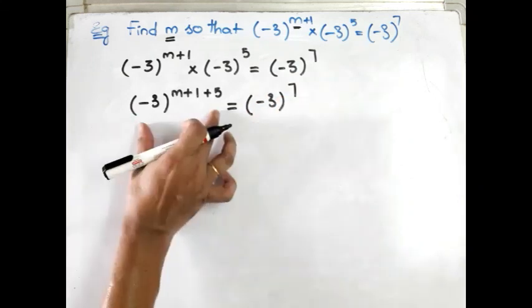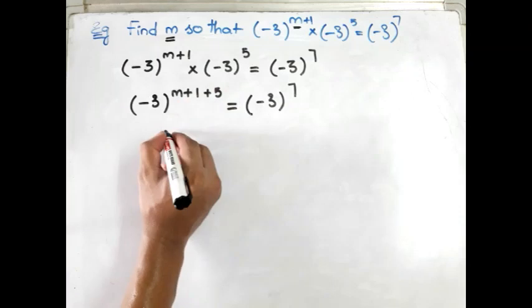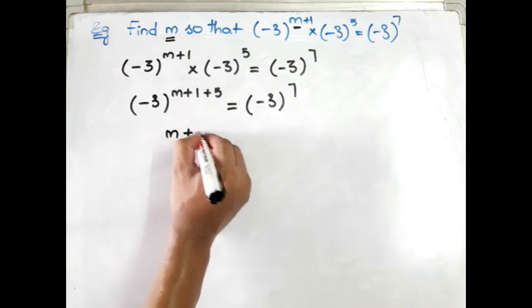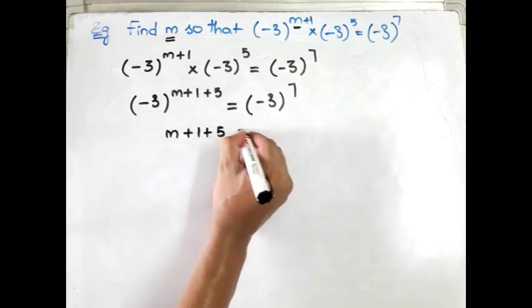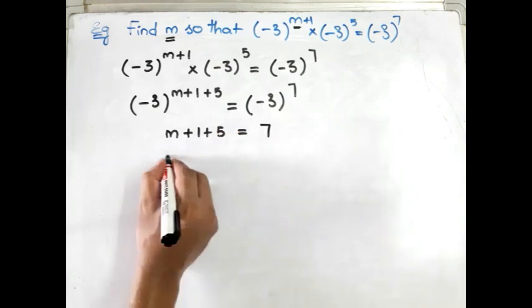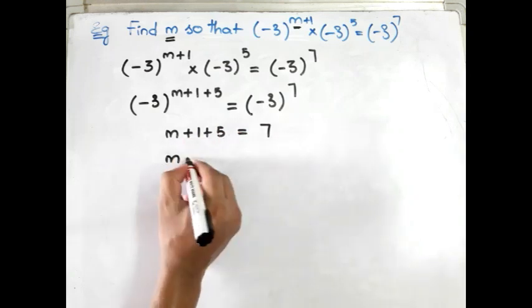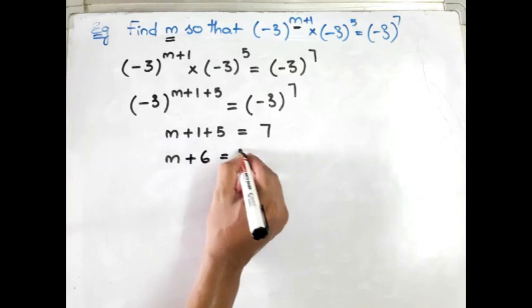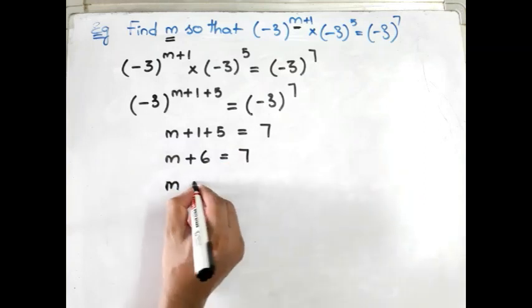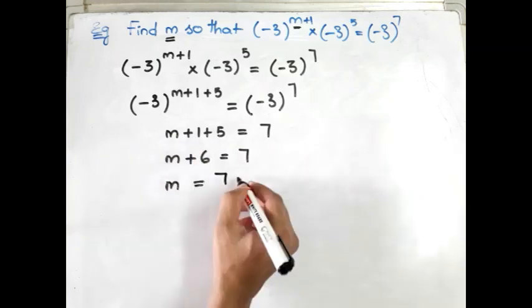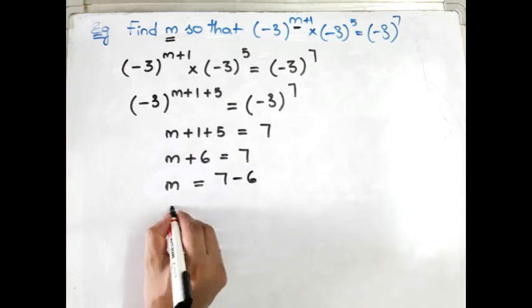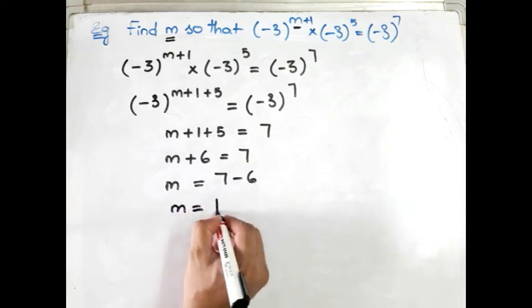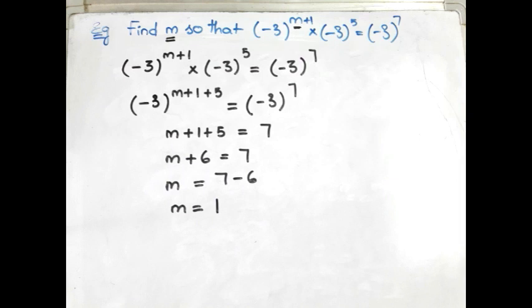When the bases are equal, exponents are also going to be equal. Therefore, m plus 1 plus 5 is equal to 7, so m plus 6 is equal to 7. So m is equal to 7 minus 6, which is 1. Hence the value of m is going to be 1.